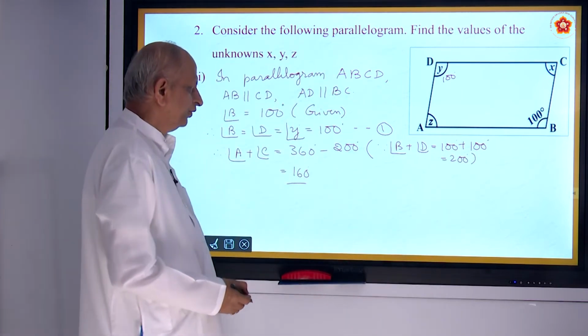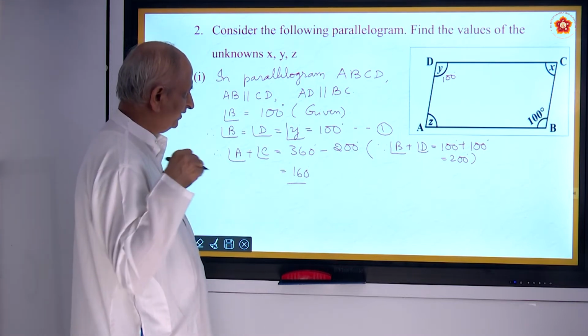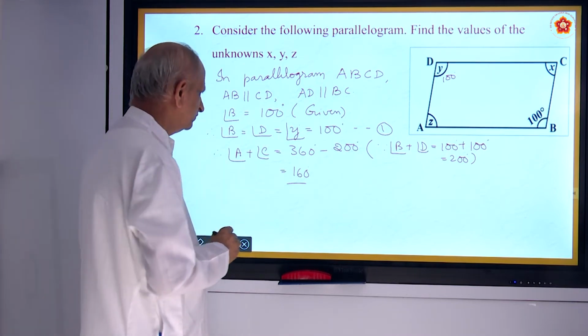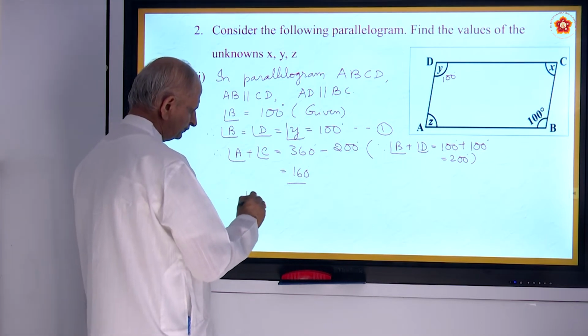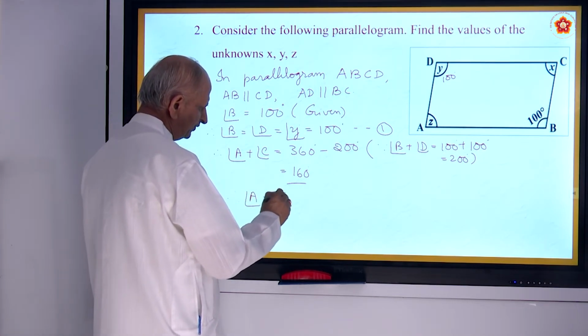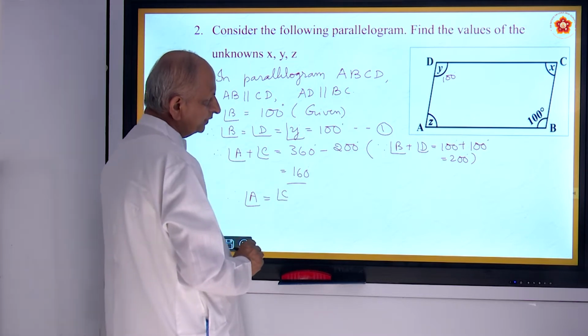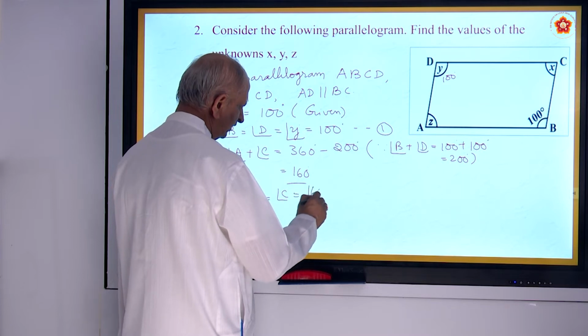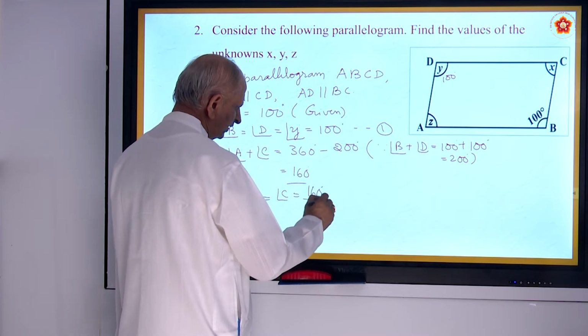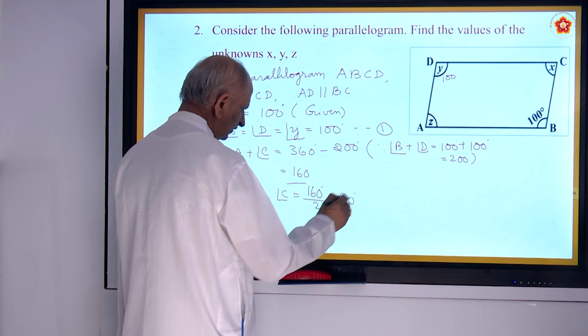So, we know that the opposite angles are equal. Now, you have to find out angle A is equal to angle C, is it not? That is equal to 160, sum is 160, each will be equal to 80 degrees.